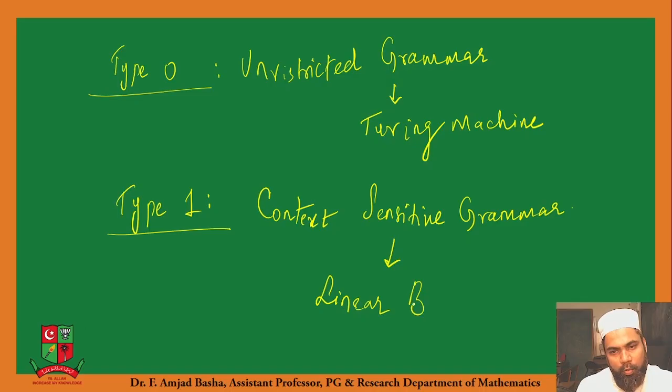First one is unrestricted grammar, recognized by Turing machine, and type 1 is context sensitive grammar, recognized by linear bound automata.